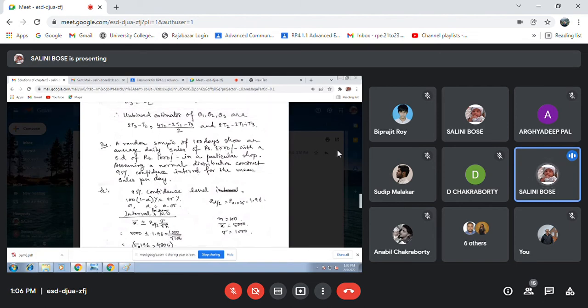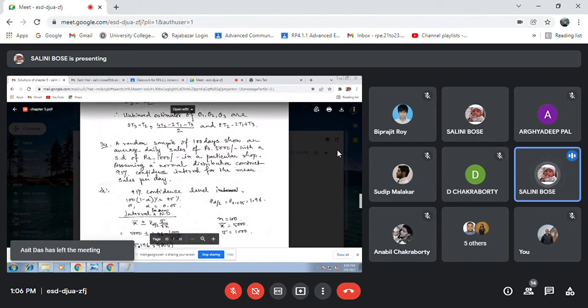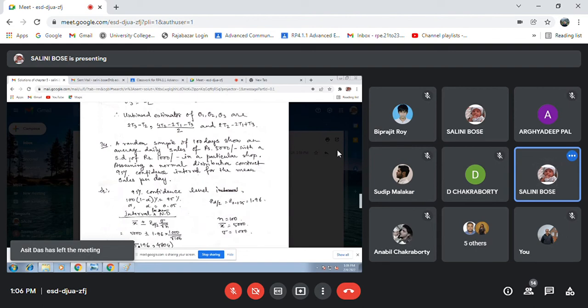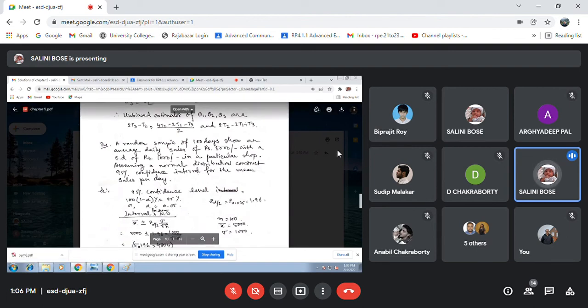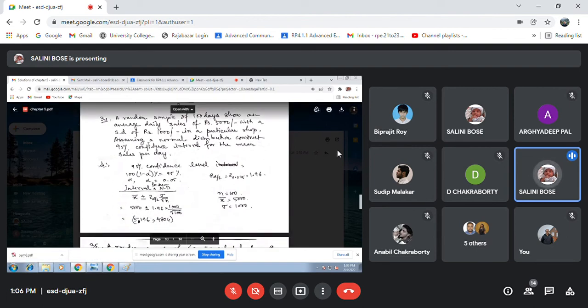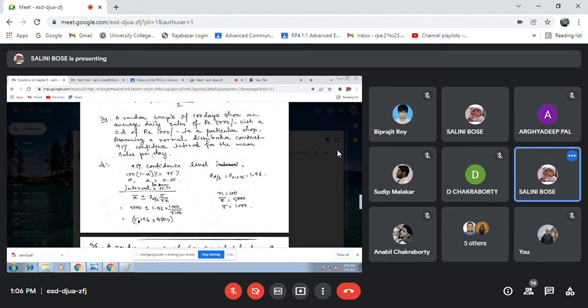So for a sample, average means X bar. Sample mean is given with standard deviation of rupees 1,000. So sigma is given, in a particular shop. Then assuming a normal distribution, construct a 95% confidence interval for the mean sales per day. So you have to find the confidence interval for mu.